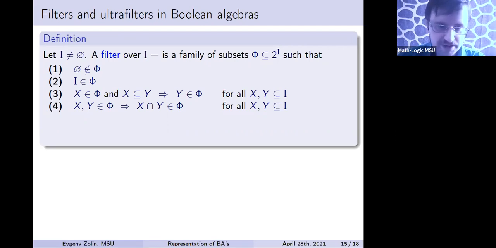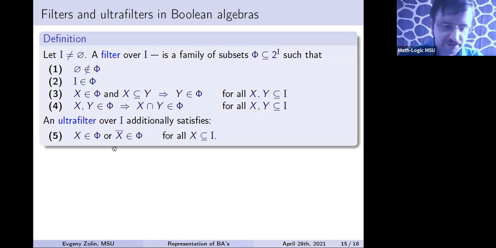Recall that we already studied filters, but filters over some set I. It is a collection of subsets that satisfies these four axioms, four properties. So a filter is closed under superset and intersection.